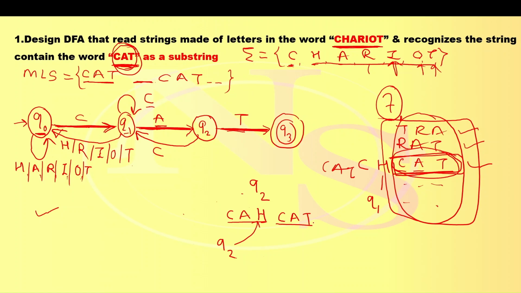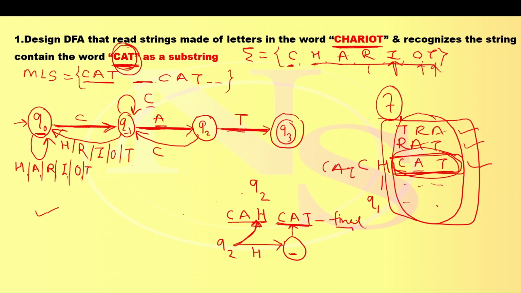Now how to read this? Q2 is trying to find the transition for H. This transition will go to some other state. From that state, there is a path for reading CAT and this will go to the final state. So we need to find this other state, which will have the path for CAT going to the final state.